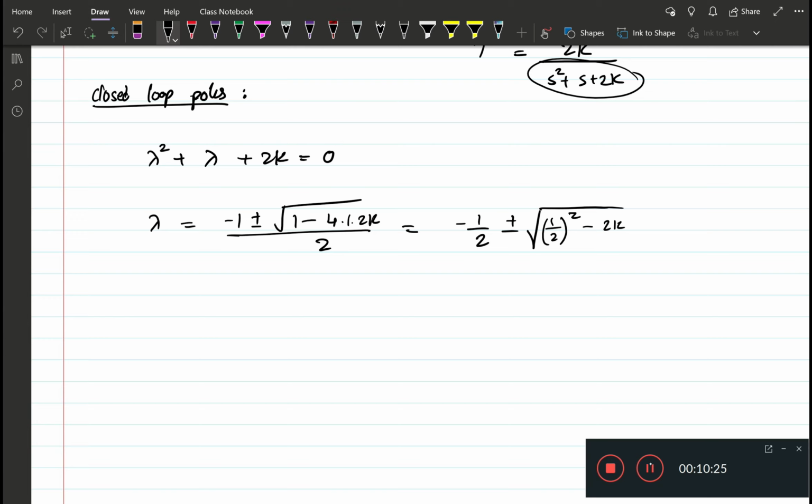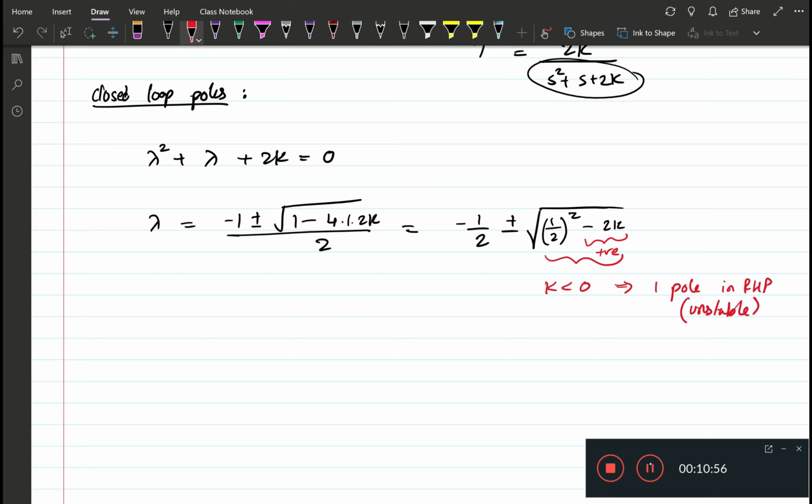So what we know is that if k is negative, then this term would be positive, and then this term would be greater than half squared, so the square root would be greater than half, so we would have at least one pole in the right half plane, so unstable.